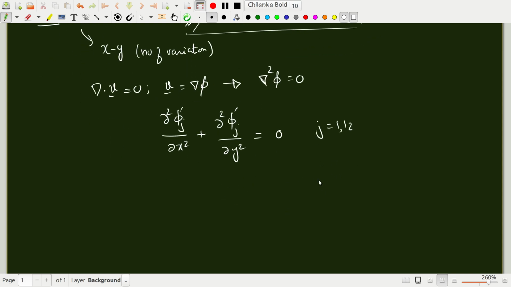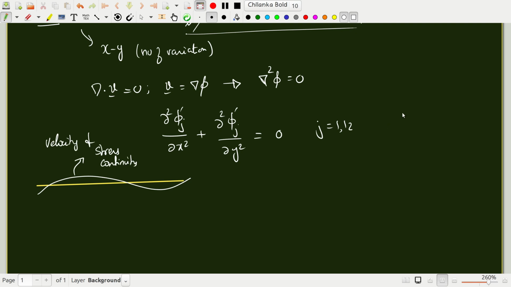Let me draw it properly. Let's say this is the unperturbed interface and you have a perturbed interface due to the fluctuations that are present in any system. And at this interface you have to apply velocity and stress continuity conditions.